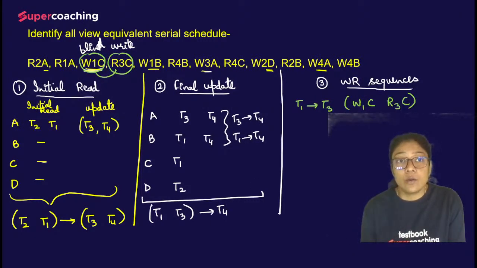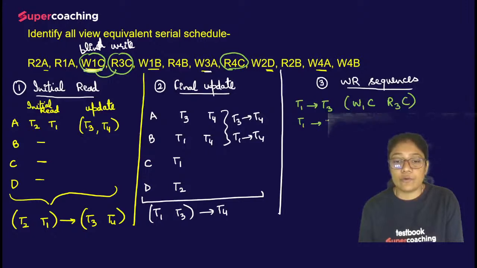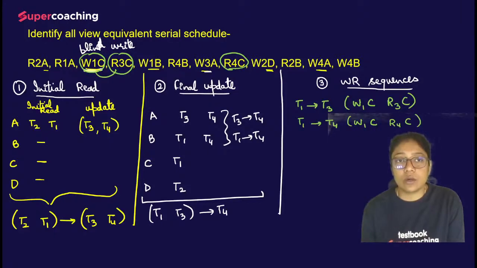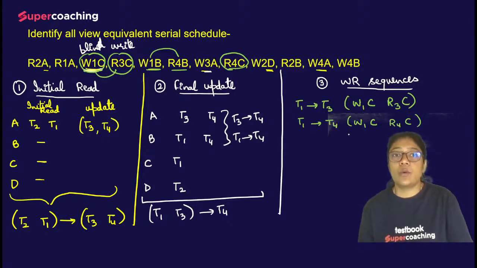Then there is a write and it's performing the read operation on the data item C. So it's T1 to T4, W1C and R4C. Is there any other read operation on data item C? No, it's not there. Then W1B and it's performing the read operation. So a WR sequence.